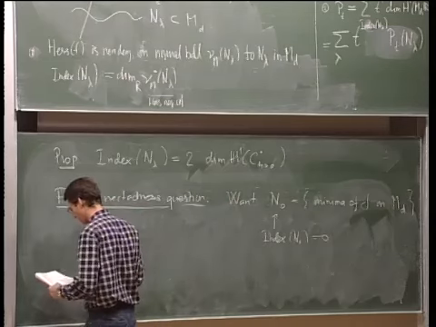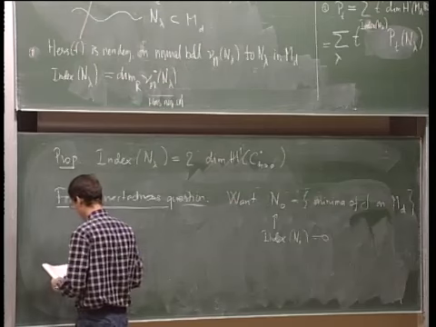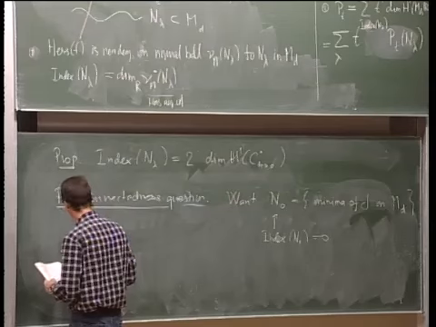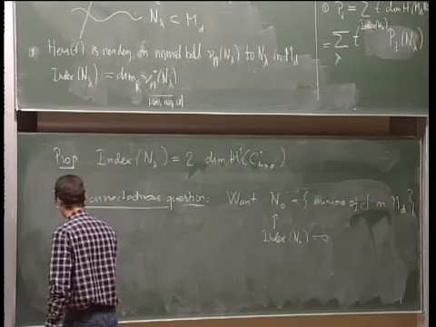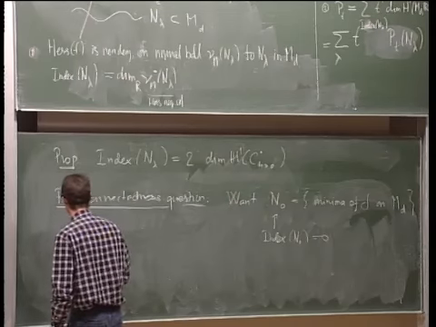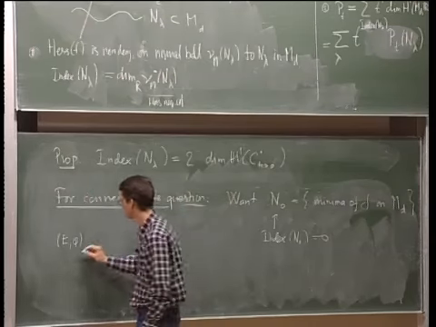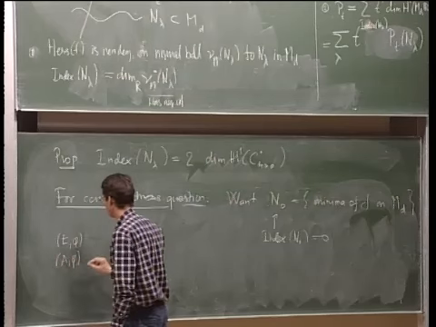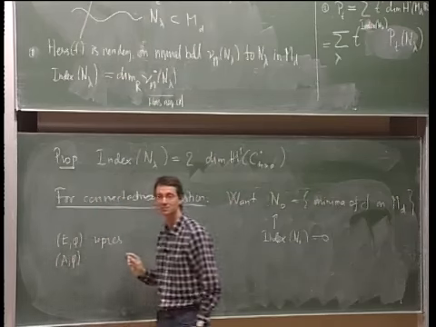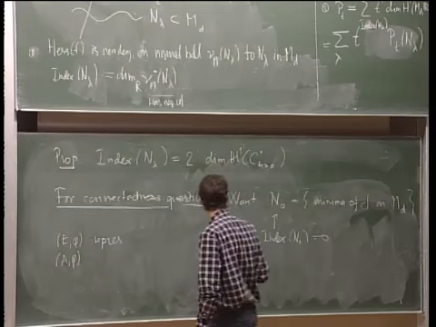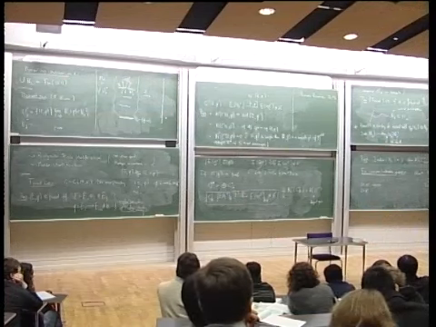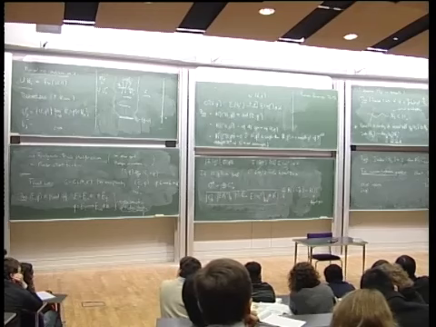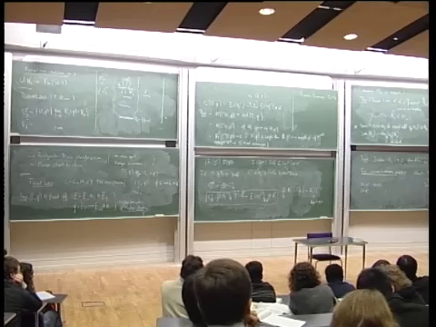Let's say that E, phi, or maybe more correctly here, A phi. This gives you all connected components, or are you considering just local minima, or just absolute?